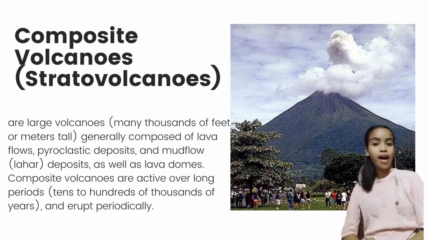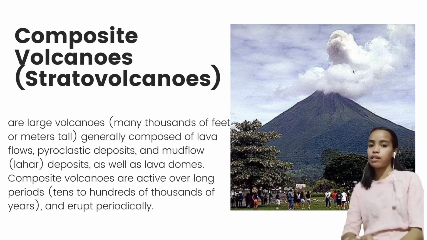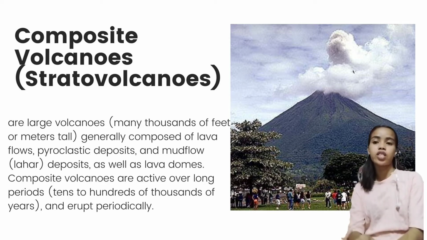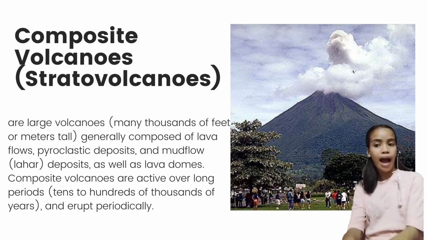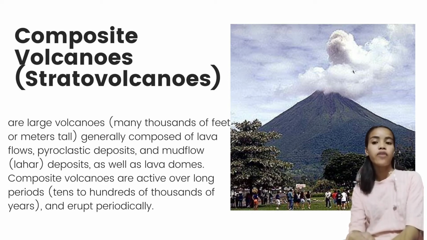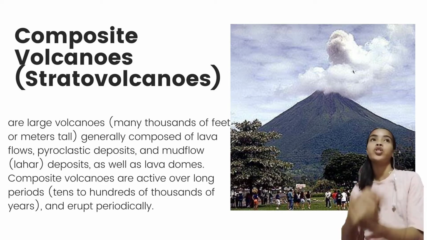Next we have the composite volcanoes or stratovolcanoes. These are large volcanoes, many thousands of feet or meters tall, generally composed of lava flows, pyroclastic deposits, and mud flow or lahar deposits, as well as lava domes. Composite volcanoes are active over long periods, tens to hundreds of thousands of years, and erupt periodically.